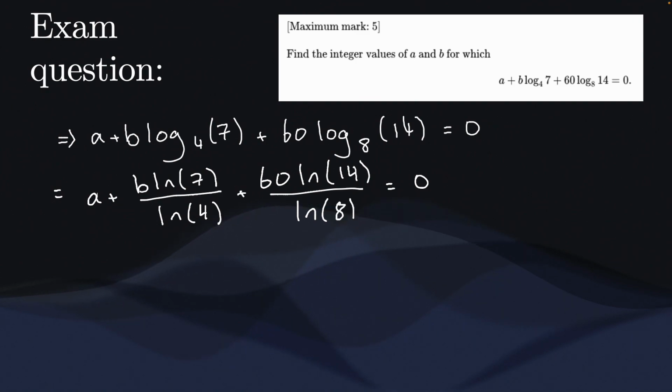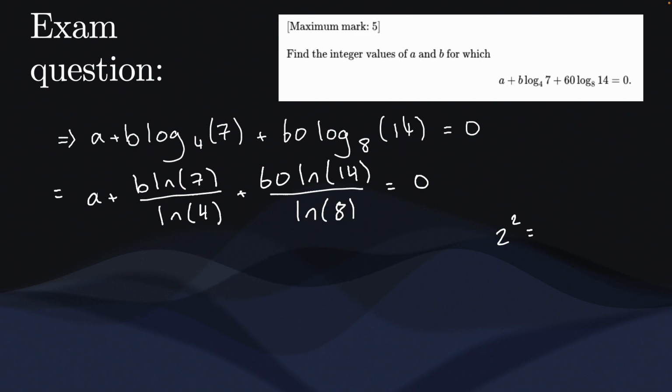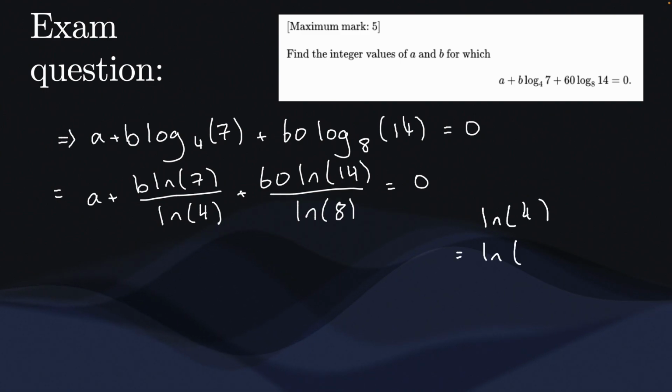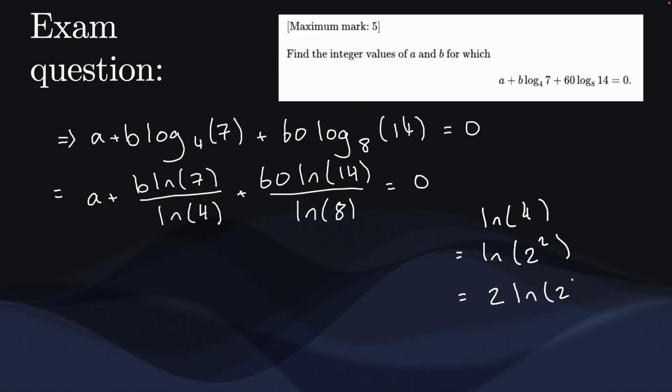And what's one thing we can do? Well, what is 4? 4 is 2 to the power of 2, right? So therefore ln of 4 is equal to ln of 2 to the power of 2. And remember our power rule, we can therefore say that's equal to 2 times ln of 2.